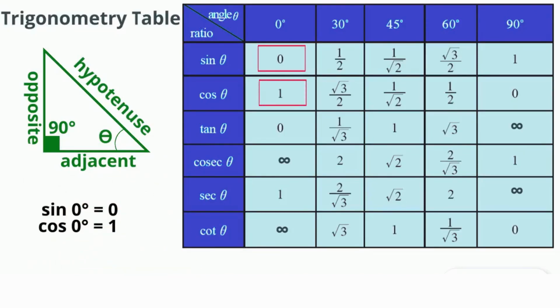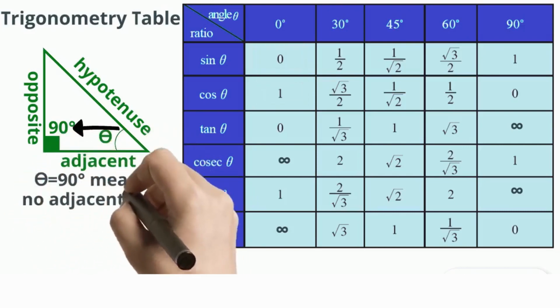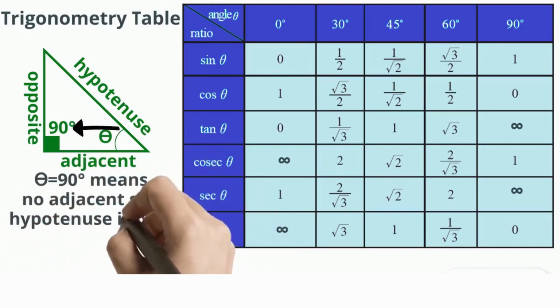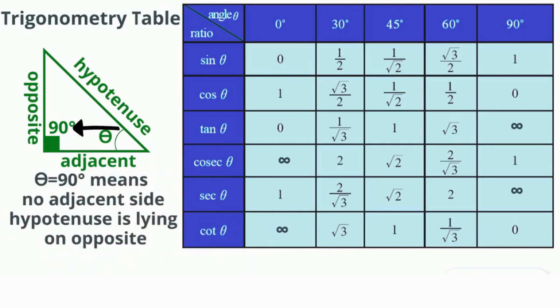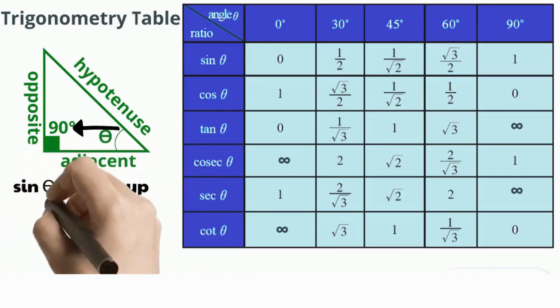Next we see sine of 90 degrees. See here, theta equal to 90 degrees means no adjacent side. The hypotenuse is lying on the opposite side, which means adjacent is equal to 0, and hypotenuse is equal to the opposite side. Sine theta is equal to opposite divided by hypotenuse.